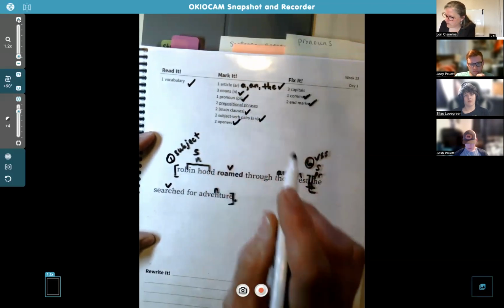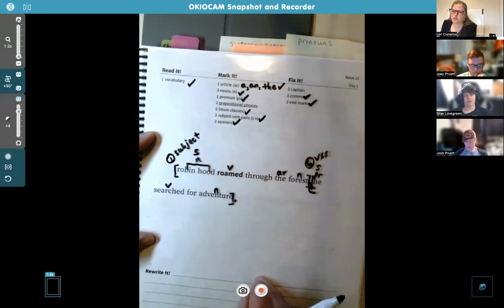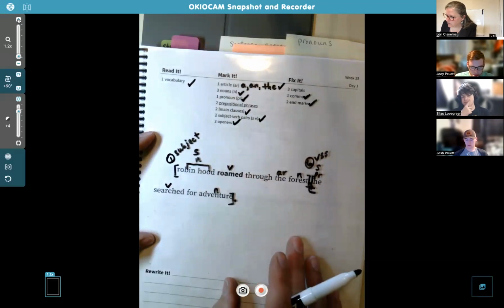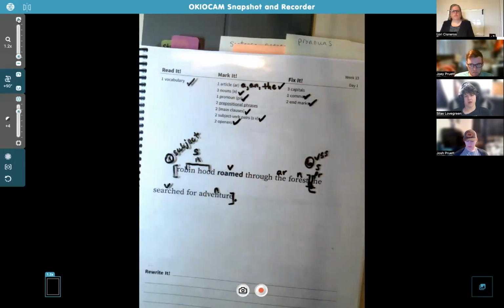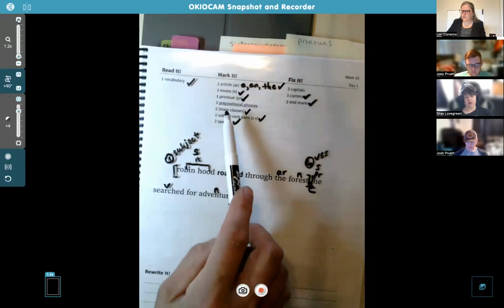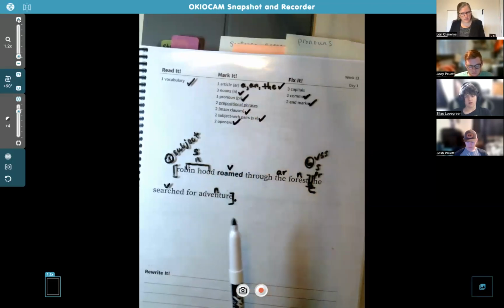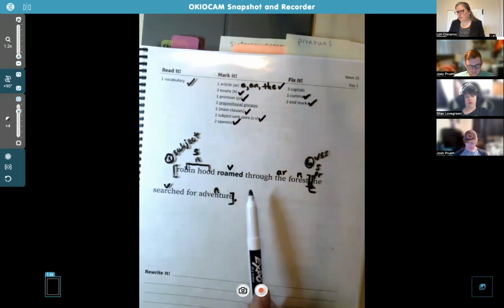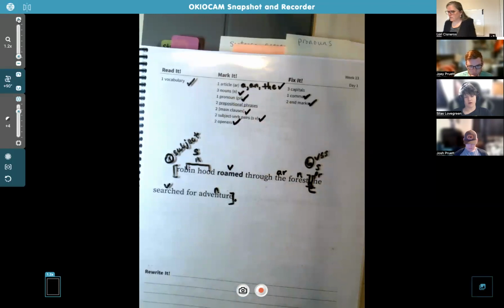So good. Now we can go back to prepositional phrases. So Silas, there's 2 of them here. What's a prepositional phrase again? Good question. It starts with a preposition, and there's a list of prepositions in your book. But the reason why I save it to last is in this book, it's easy to spot if it doesn't have a label on it. That's going to be through and for are the starters.